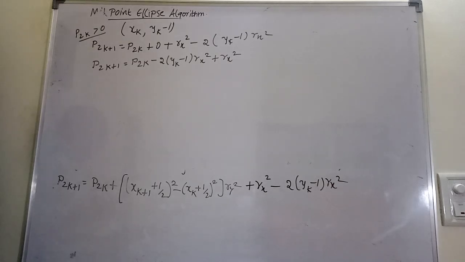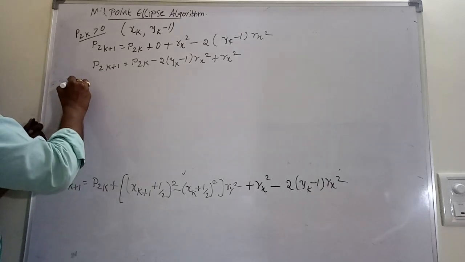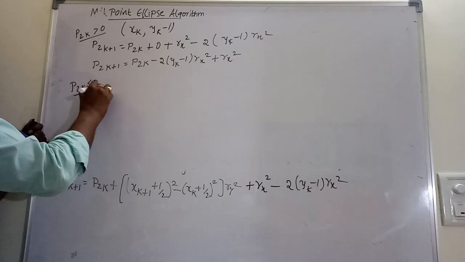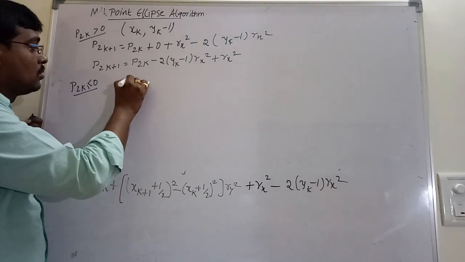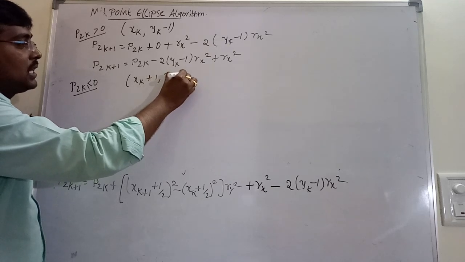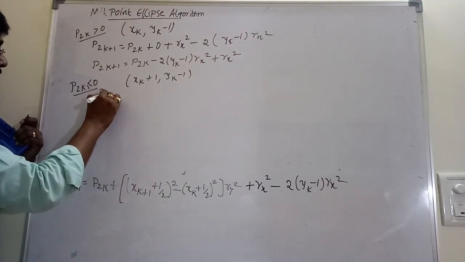So minus 2 into (yk minus 1) rx square is replaced with 2 yk plus 1 if needed. If P2k is less than or equal to 0, the next point is xk plus 1 comma yk minus 1. So again substitute.